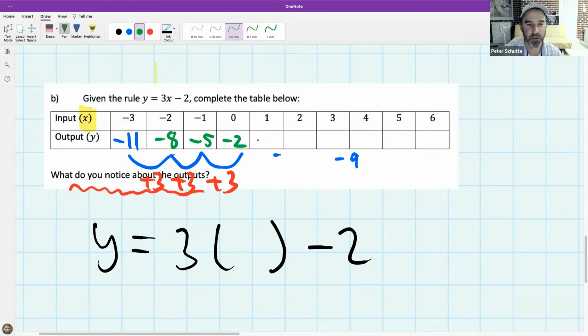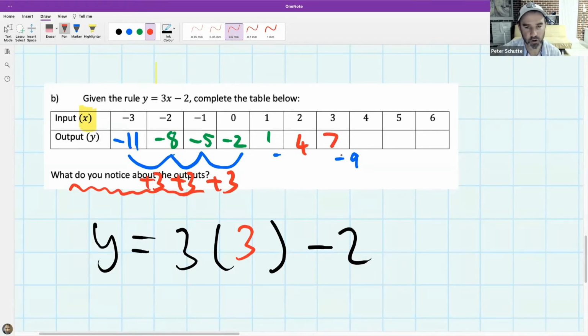Okay, so I'm going to do the next ones. For the next one, 3 times 1 minus 2, this is going to be 1. The next one after that, 3 times 2 minus 2, that's 6 minus 2, that's 4. And then 3 times 3 minus 2, that's 9 minus 2, that's 7.